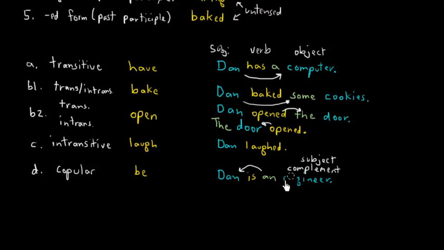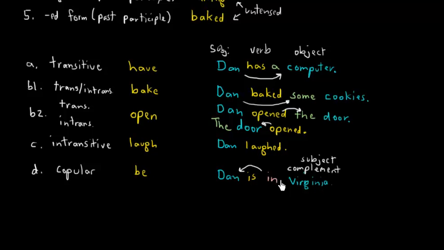So we won't use a noun phrase this time. We will use, and it's still a subject complement, a prepositional phrase. So Dan is in, there's the preposition. And he's in what? He's in or where? He's in Virginia.